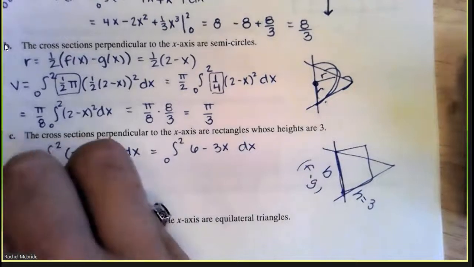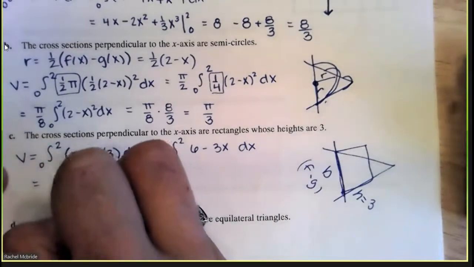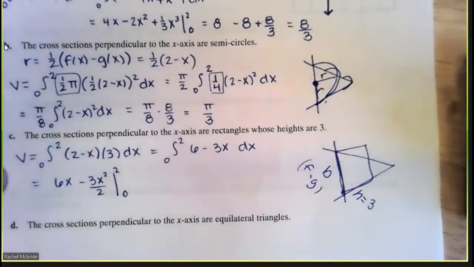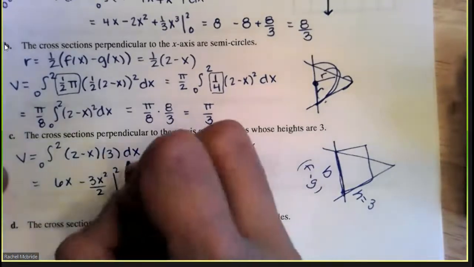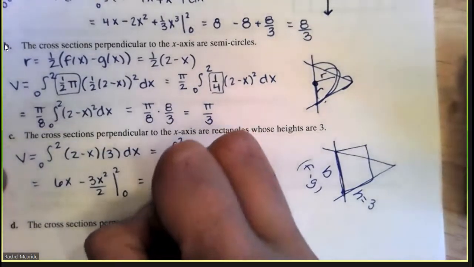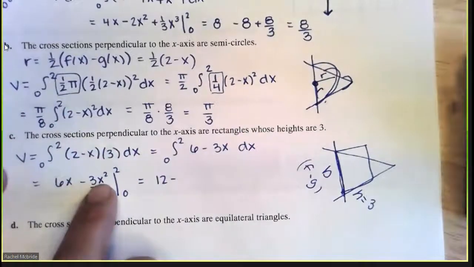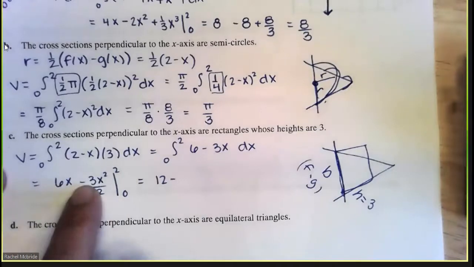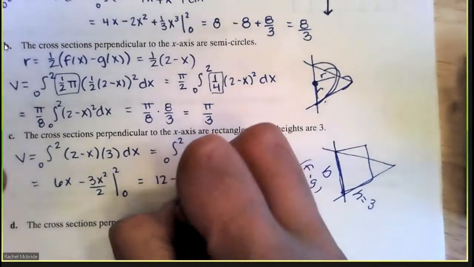So then that becomes 6x minus 3x squared over 2, evaluating from 2 to 0. So you get 12 minus 2 squared is 4. 4 divided by 2 is 2. 2 times 3, negative 6.